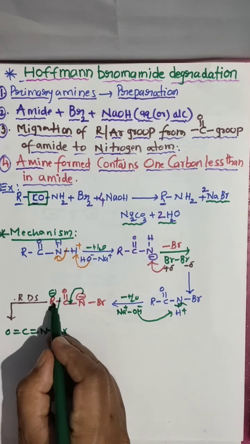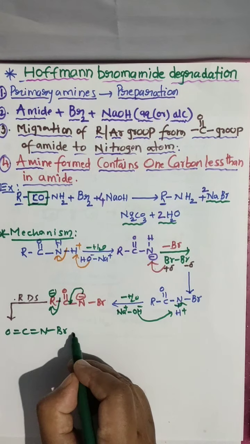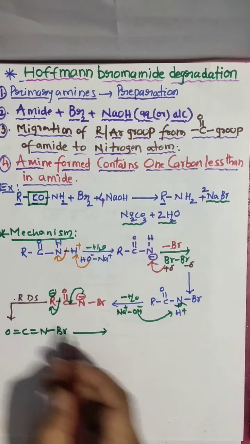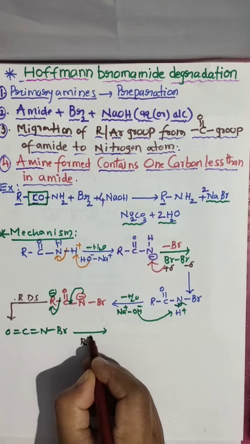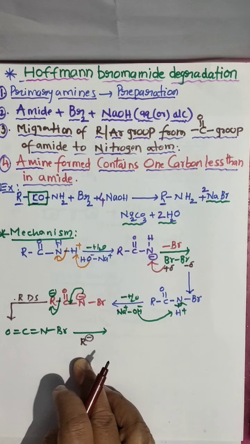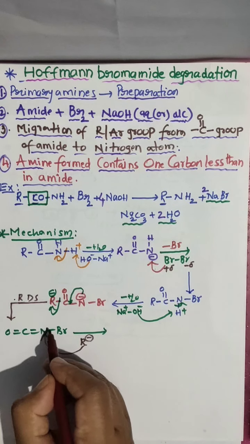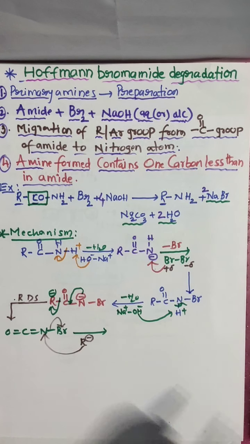Now this alkyl group will attack in the next step. This alkyl group is there now, R minus as a nucleophile. This will attack on this nitrogen. This bond is going to break. This bond is going to break. Clear?